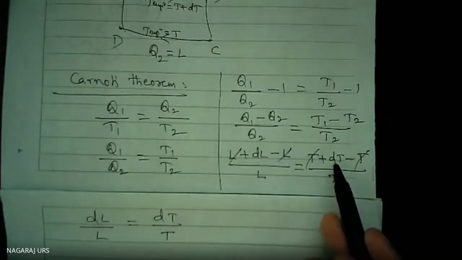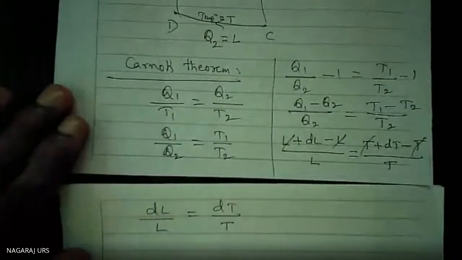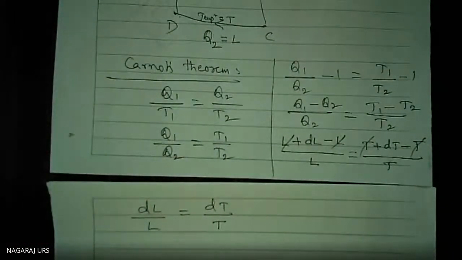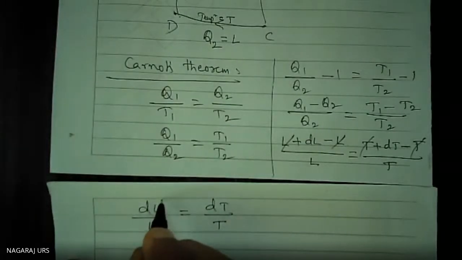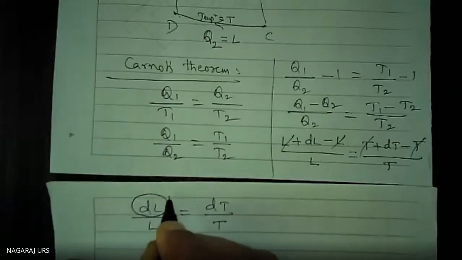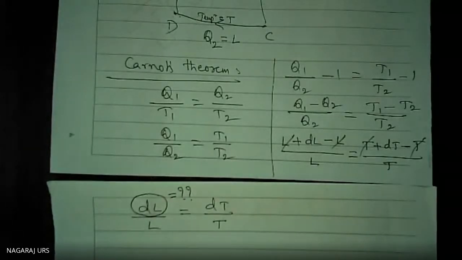So here we got dl divided by L is equal to dt divided by T. Now I am supposed to substitute for dl. The remaining things, no problem, we can keep as they are. I am supposed to put the substitution for this. dl is equal to how much?